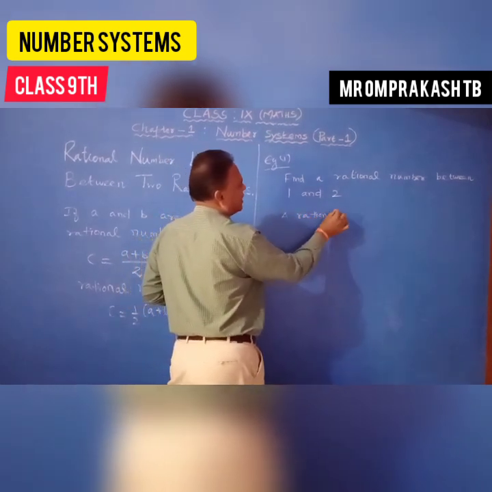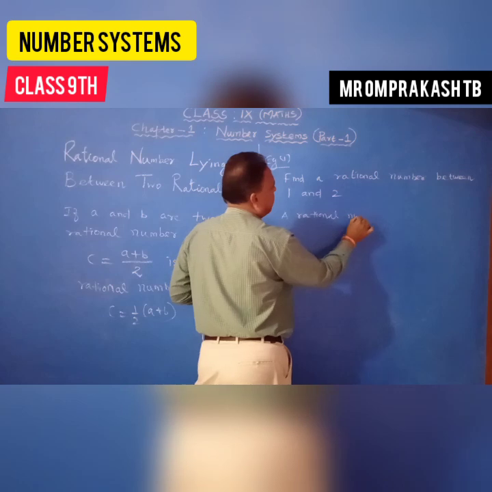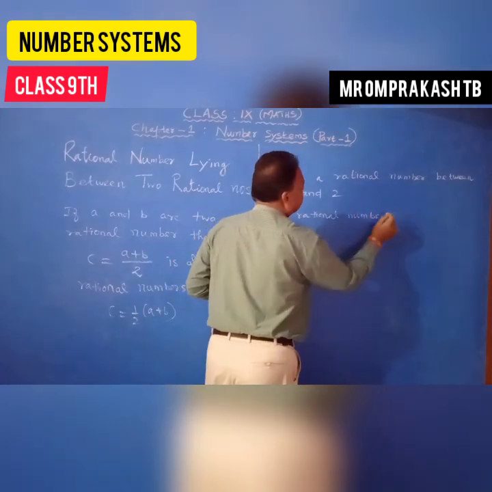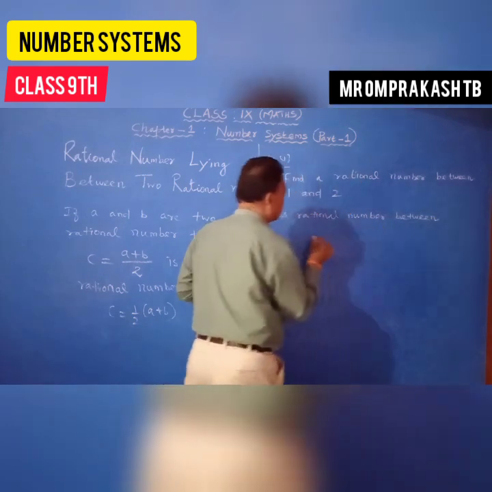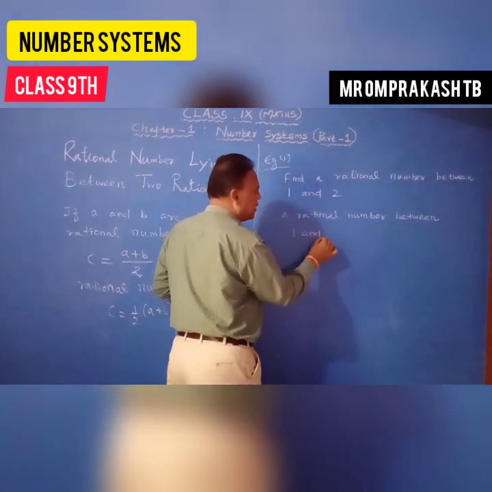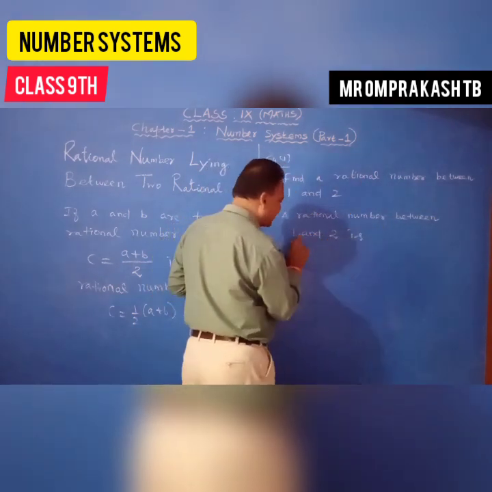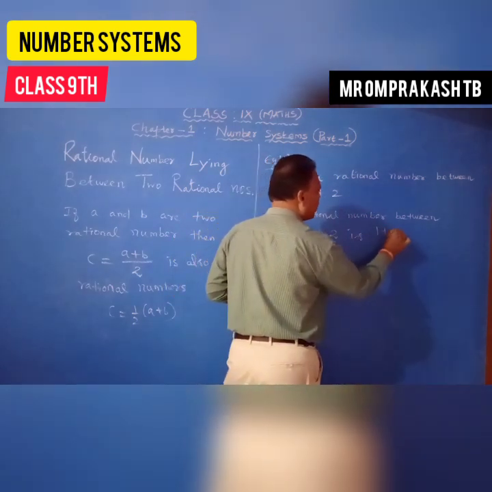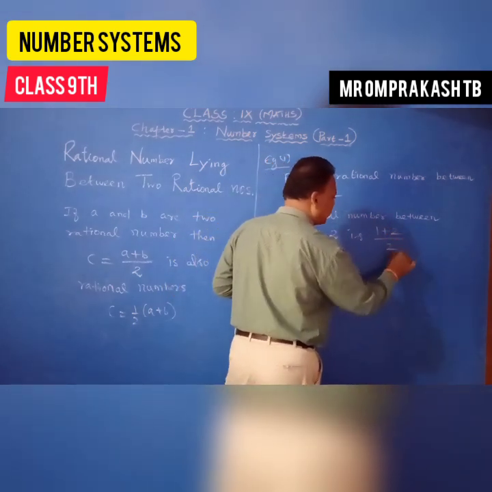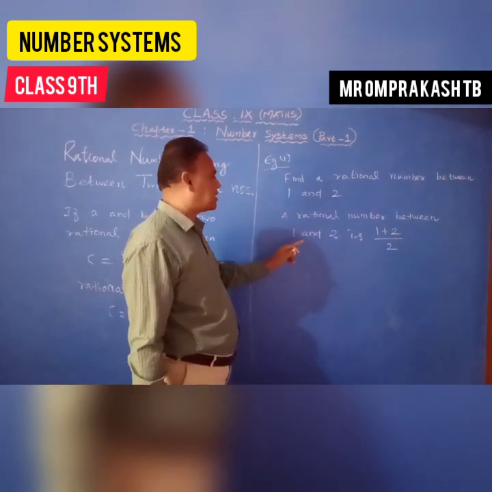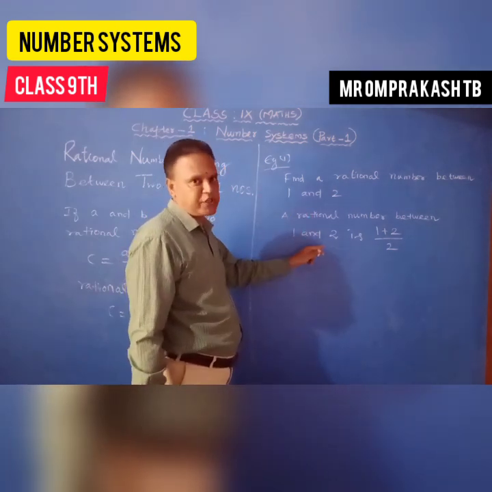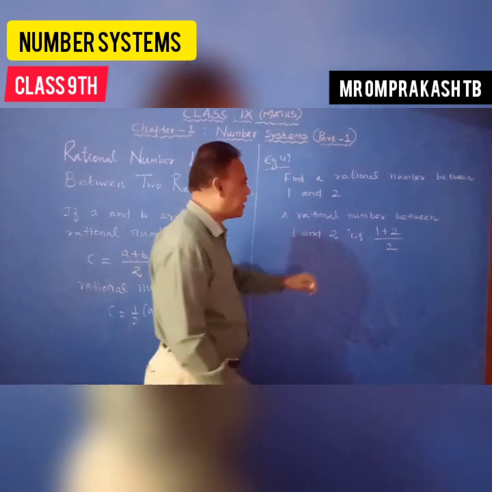A rational number between 1 and 2 is, just add 1 plus 2 and divide by 2. So in exam, if they ask only one rational number, this is the best method. Just add and divide by 2.